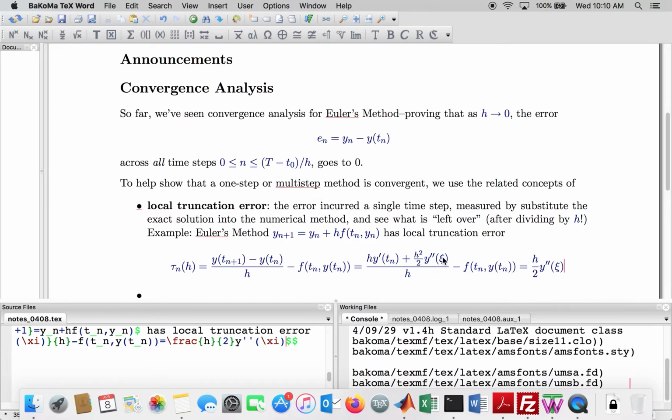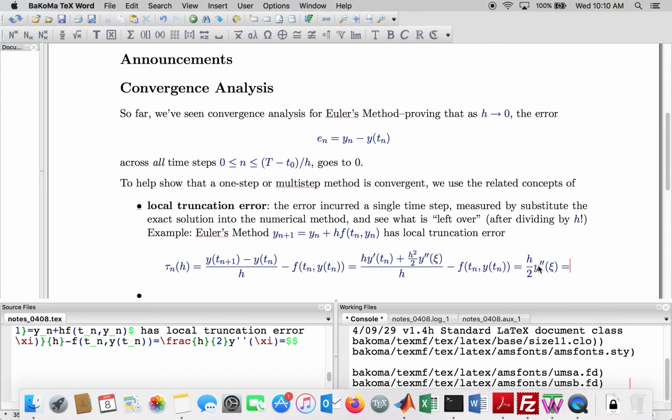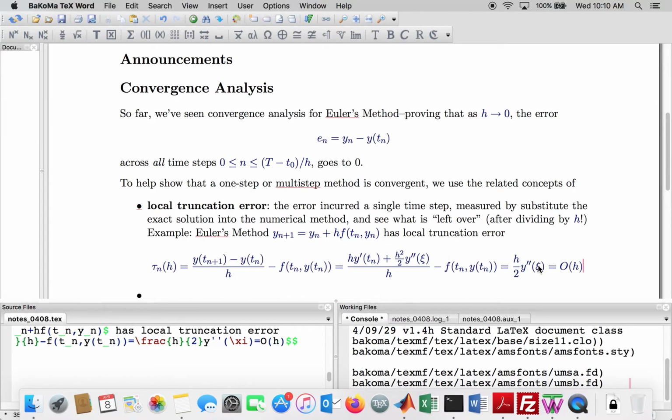And this is how we see that the local truncation error is of order h. So as h goes to 0, the local truncation error also goes to 0 at a rate of h to the first. We saw earlier that this error also goes to 0, order h. So that's actually why we divide by h.